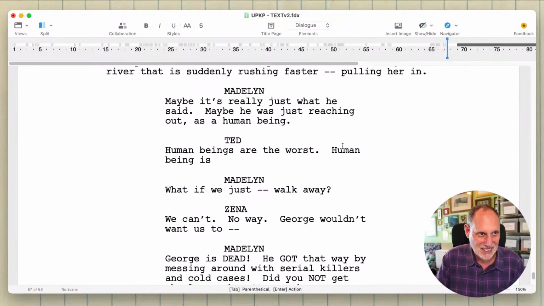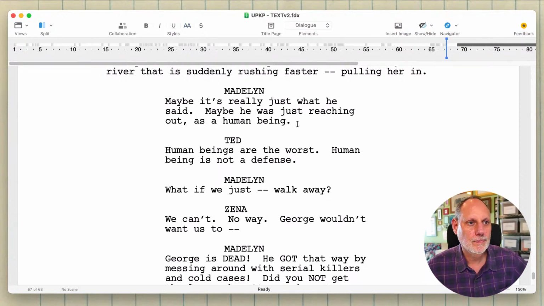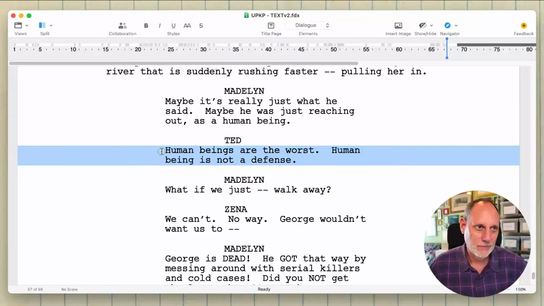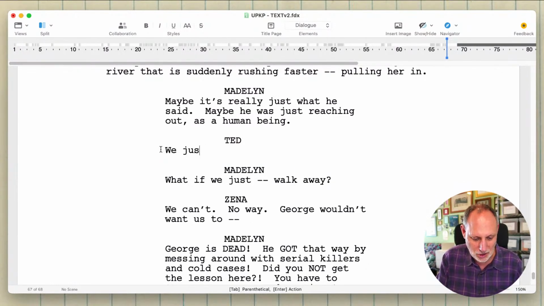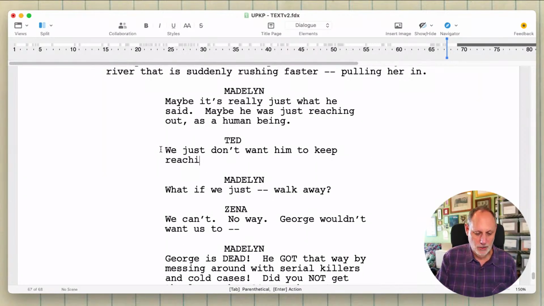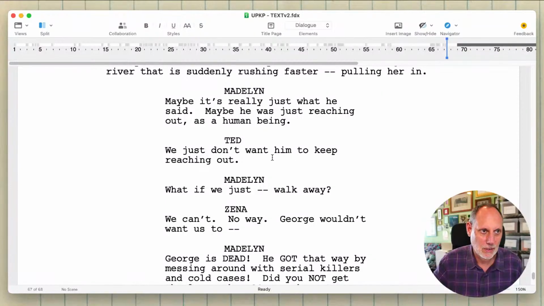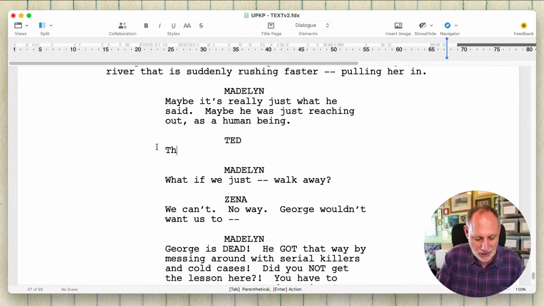Human being is not a defense now. This line is not going to. Yeah, we just don't want him to keep reaching. That was then. This is now.